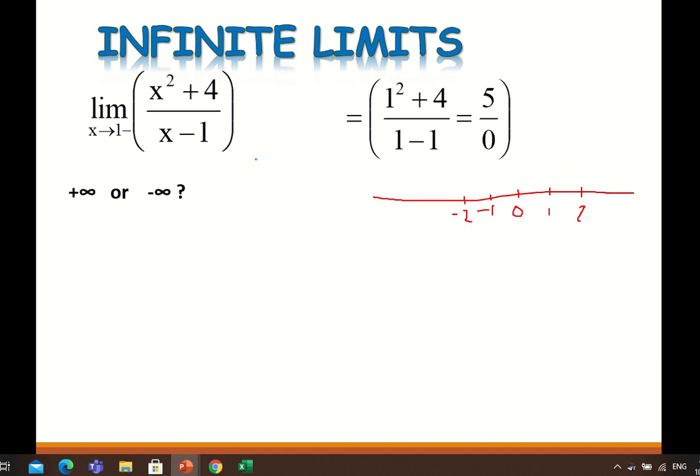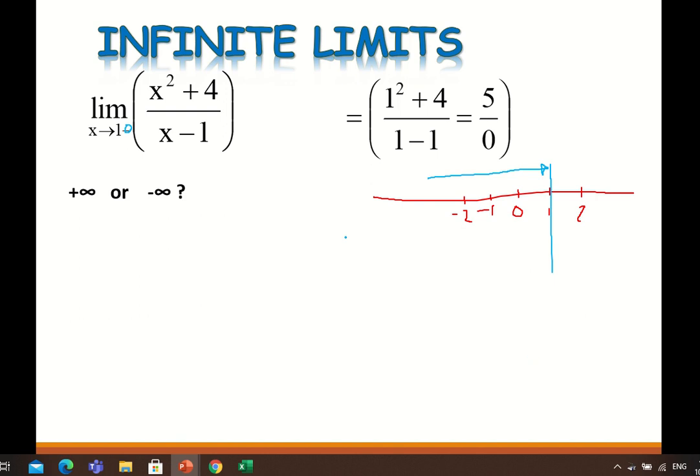So x approaches 1. This is our 1, and coming from the left, these are the values that x can take going to 1.